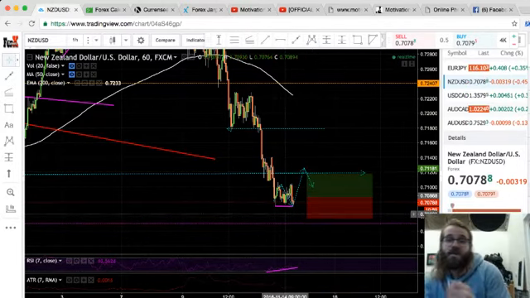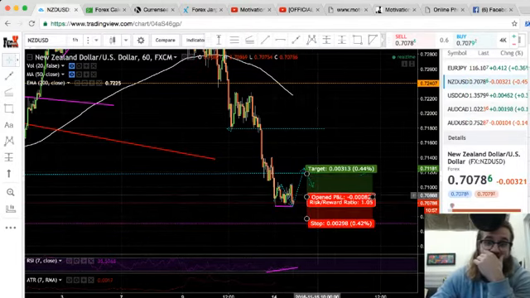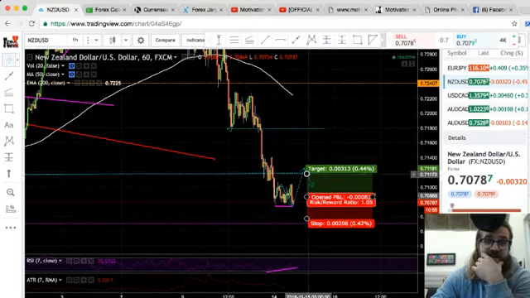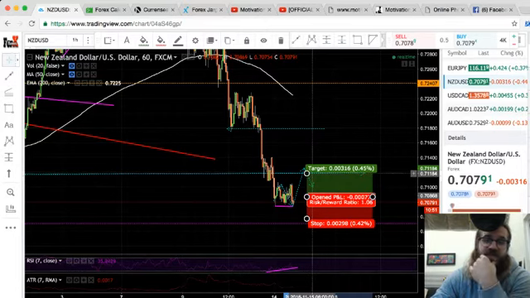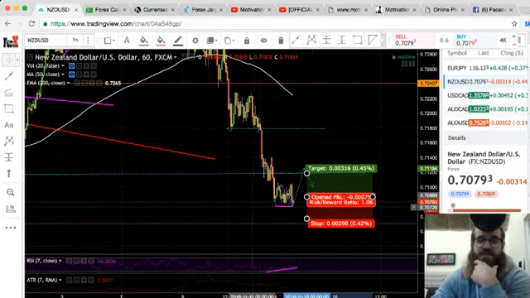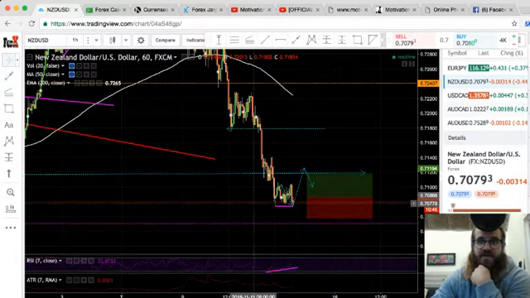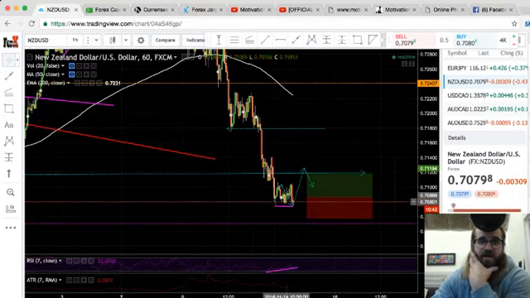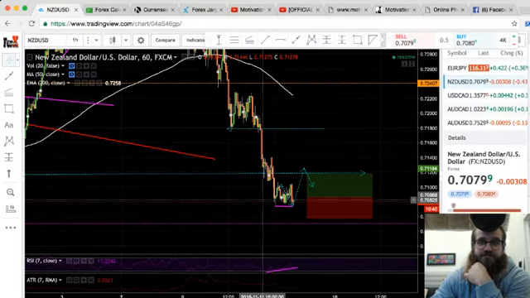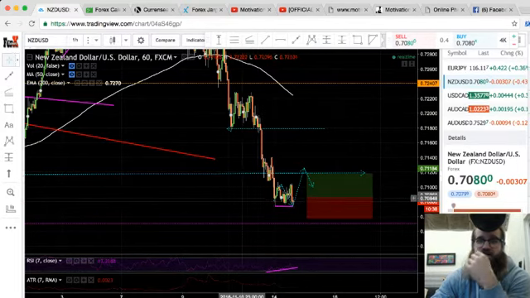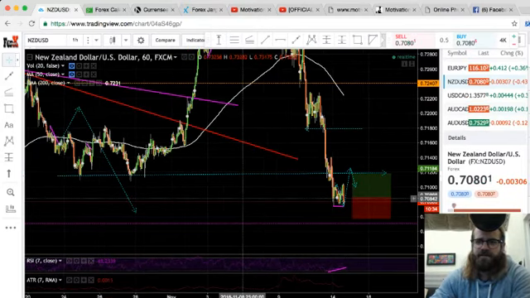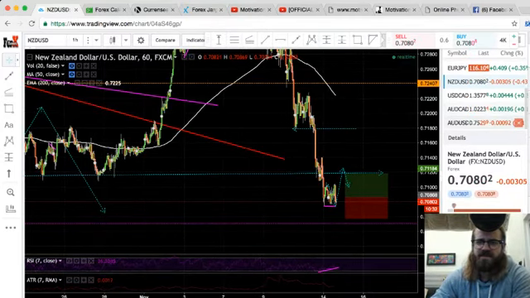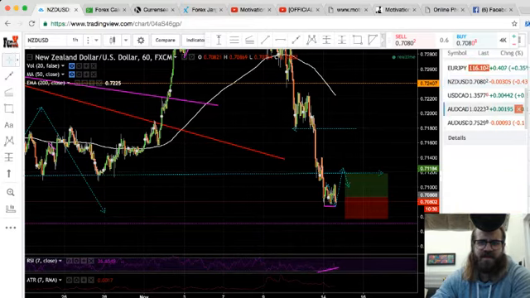You would get 1 to 1 here, and you could maybe take half off, and this would be extended targets. So you could have 2 targets or just this one. Just depends on what you do, what you trade, how your rules are. If you just need 1 to 1, you could enter right now, and you would get that risk reward. So yeah, I don't think there was much else.